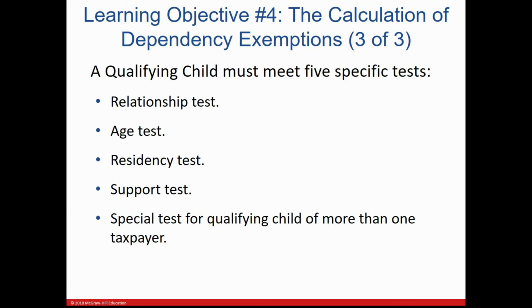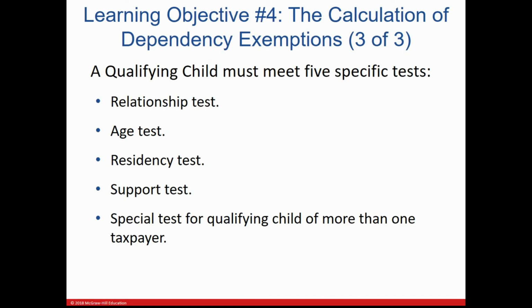Could be a grandchild or a great-grandchild, stepchild, eligible foster child, brother, sister, half-brother, half-sister, stepbrother, stepsister. What's interesting is that as we look at some of the tests throughout the tax code, how they define certain of these elements varies depending upon the context. But within the context of claiming dependency exemptions, these are the rules qualifying a child as a dependent.